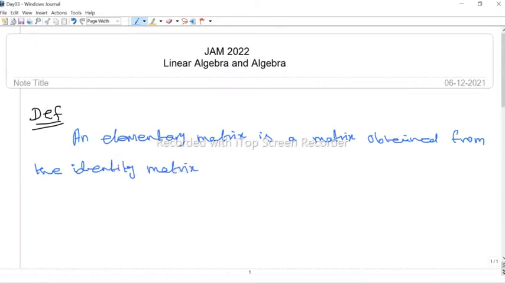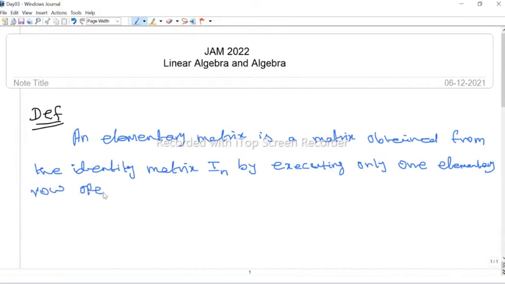Maybe we call I_n an n cross n identity matrix, by executing only one elementary row operation. Only one elementary row operation. Such a matrix is called an elementary matrix.